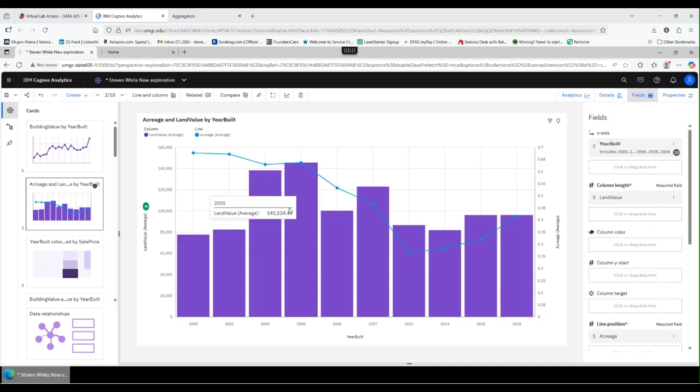Looking at this, we can see that the prices seem to trend upward while the acreage seems to trend downward as far as how much acreage you get when you're buying a house.